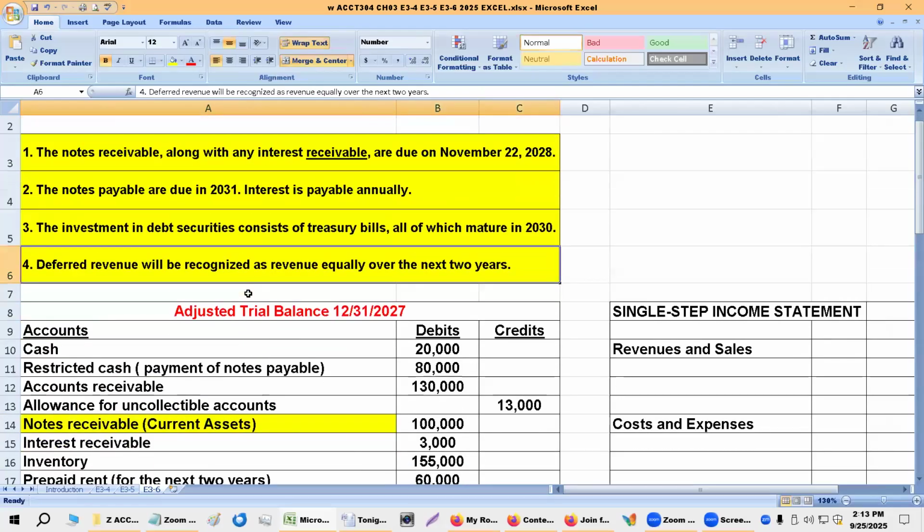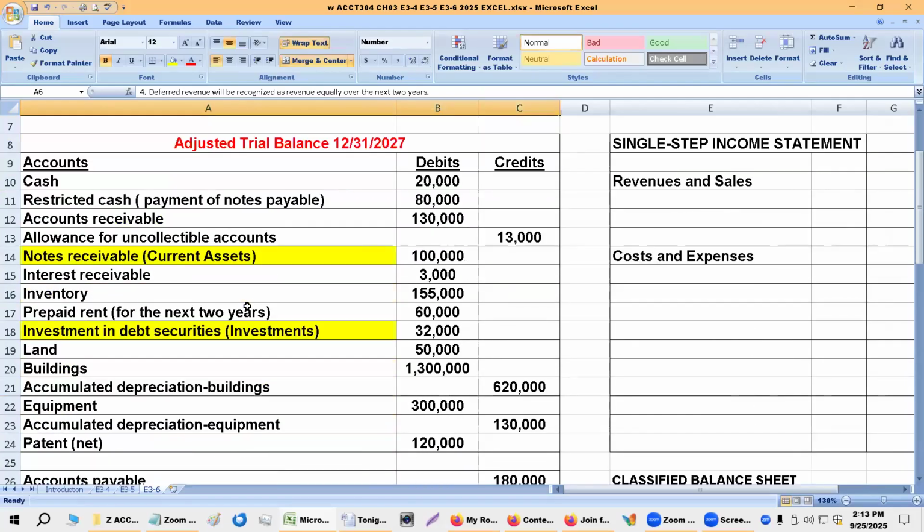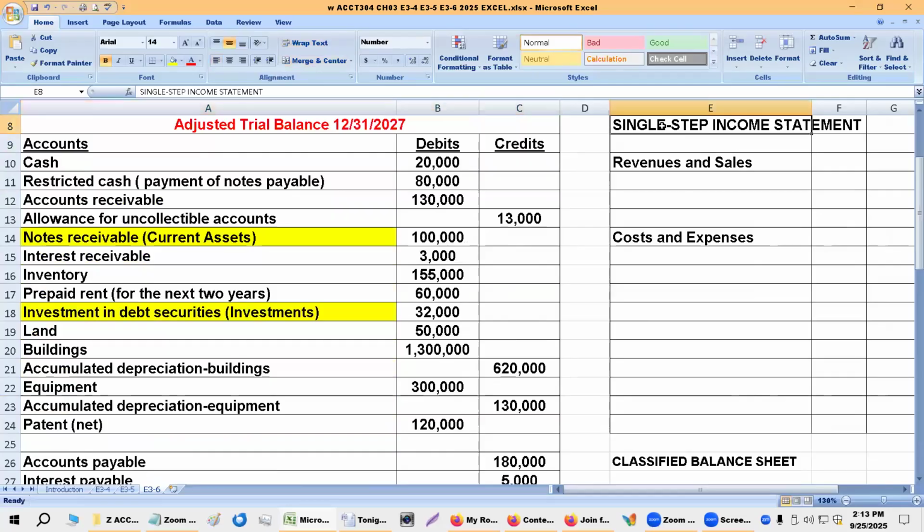Okay. All right. Now I'm going to go over a single step income statement. Single step income statement is basically just money coming in versus money going out. It doesn't have those extra steps in there for cost of goods sold and that sort of thing. We're going to talk about this more later on in the course. And you might be wondering, why are they allowed to do that?